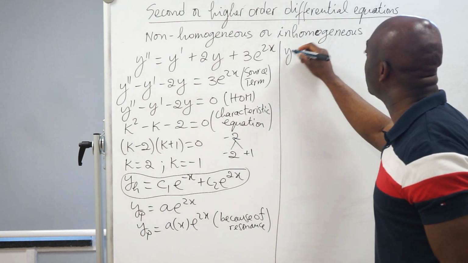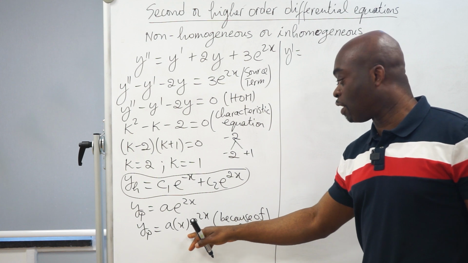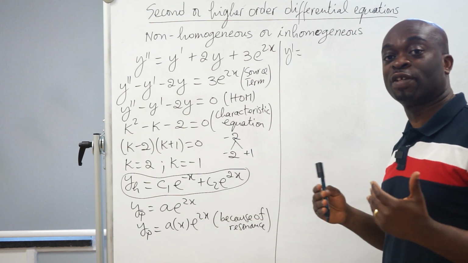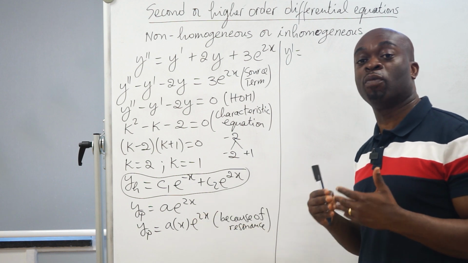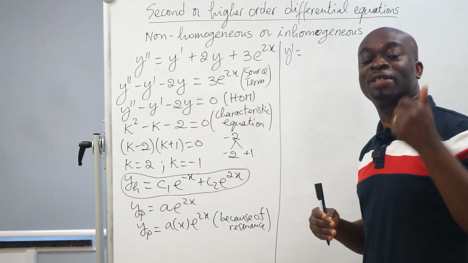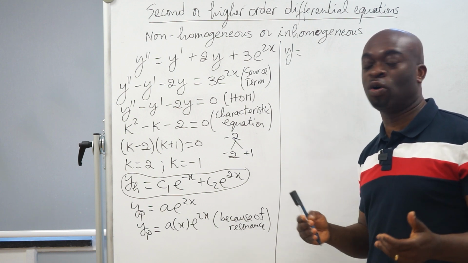So y prime is going to give us what? We have a of x times exponential 2x. So we got two functions here, and we have to find the derivative of the product of two functions. That means f prime times g plus g prime times f. We did that before, so we're going to do that.